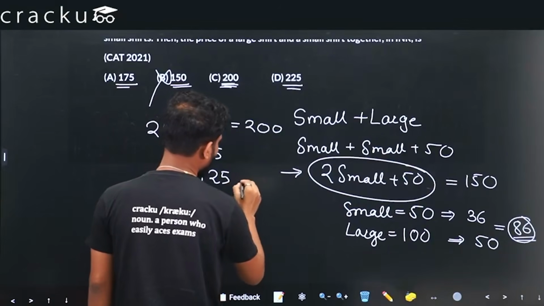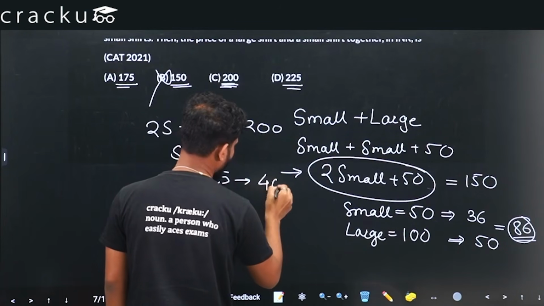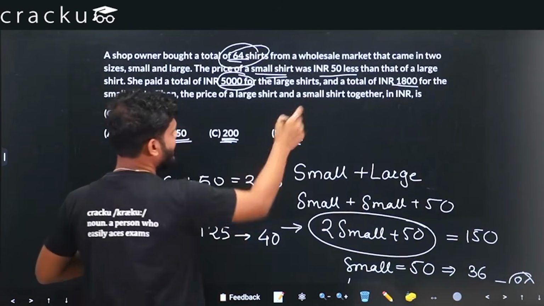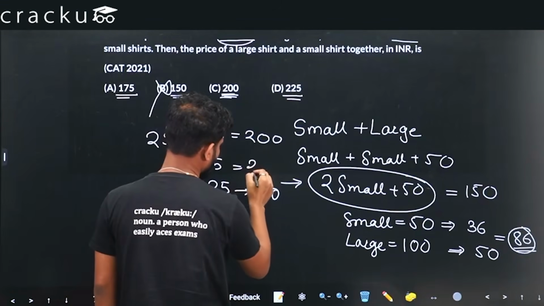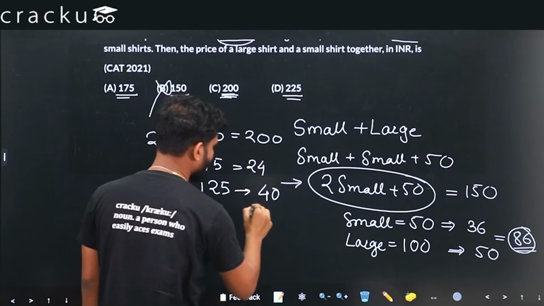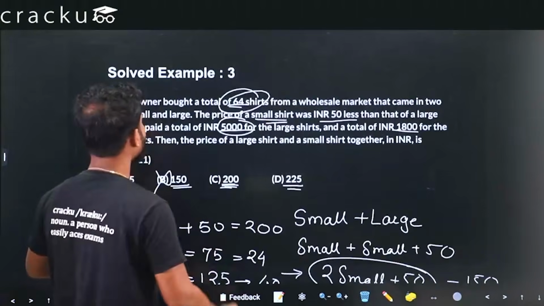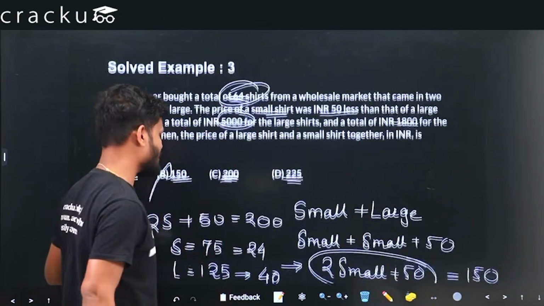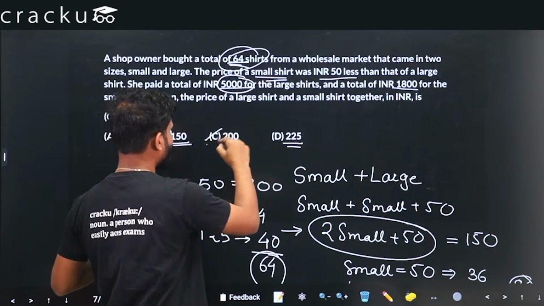The number of large shirts will be 5000 by 125, which is 40. Similarly, here it will be 1800 divided by 75, which is 24. What is the total? Total is 64. And how many shirts did he buy? He bought 64 shirts only. So this satisfies our condition given in the question, and hence this is the correct option.